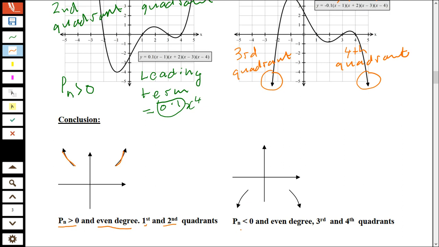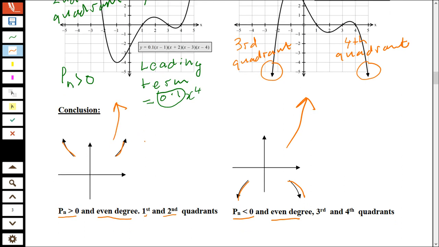Now, the other case to consider is if you've got a negative leading coefficient and the degree is even, then you're beginning in the third quadrant and finishing in the fourth quadrant. So that applies to that one, and that applies to that one.